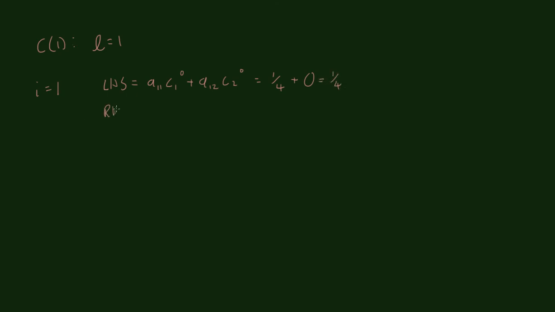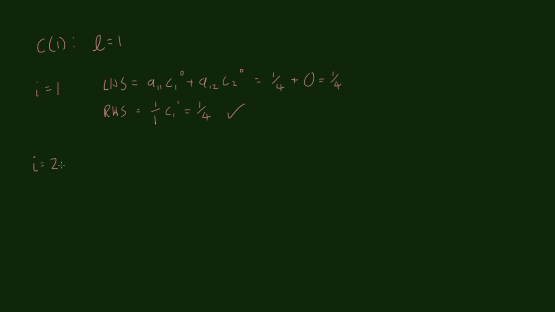The right hand side for the C condition is 1 over L times C1 to the power L, so 1 over 1 times C1 to the power 1, so it's just going to be C1. So the right hand side equals the left hand side, so that's satisfied for I equals 1.